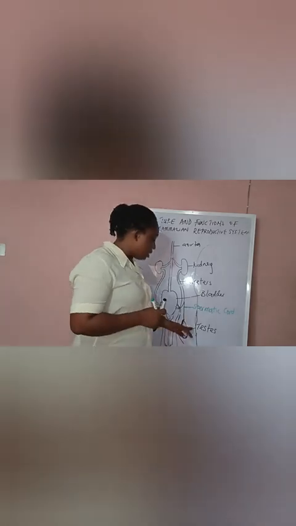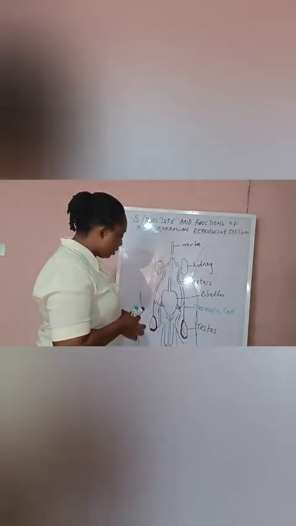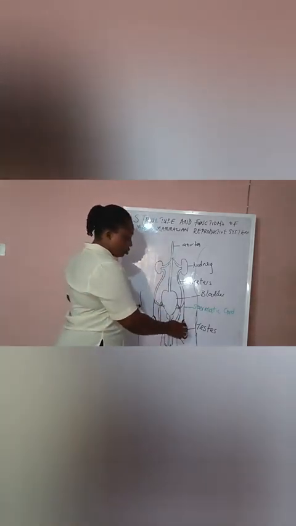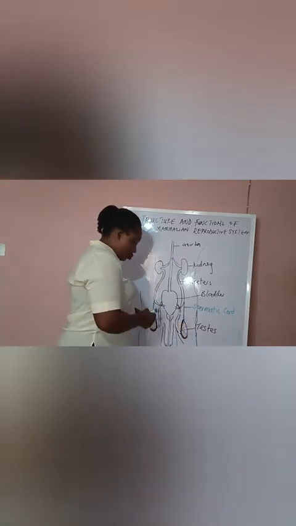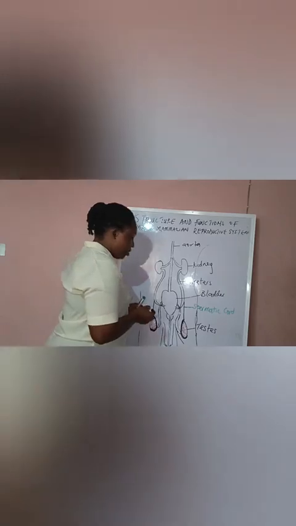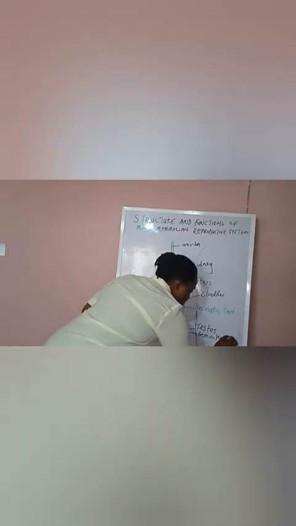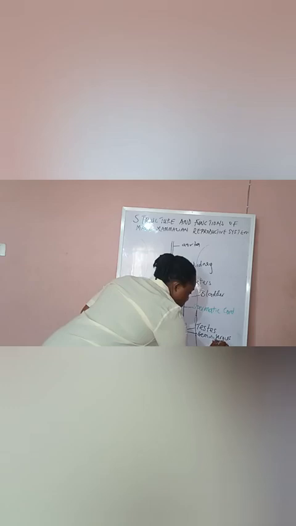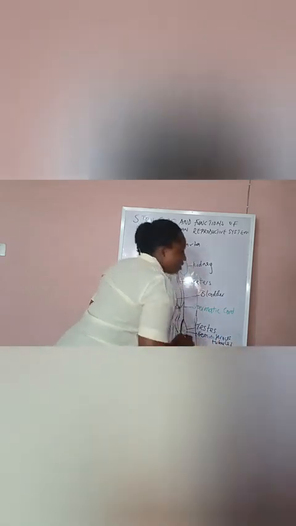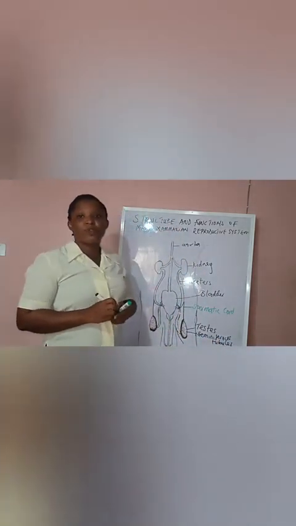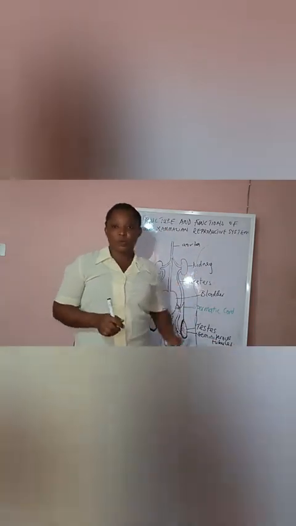Now in the testes you are going to see some tubules. We call them seminiferous tubules. These are composed of sperm producing cells.